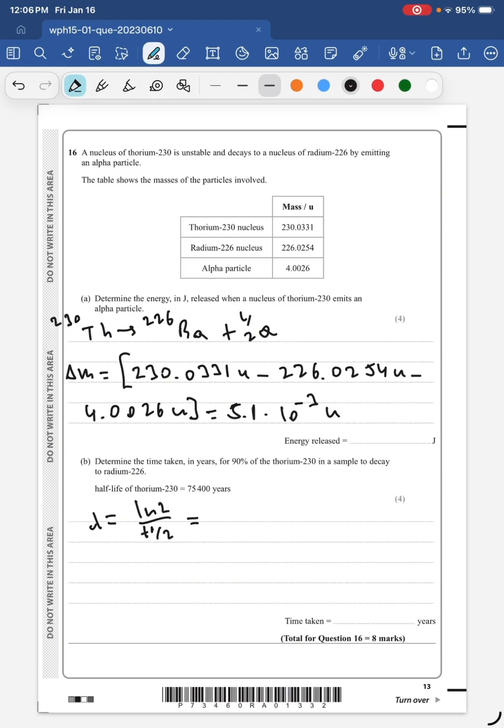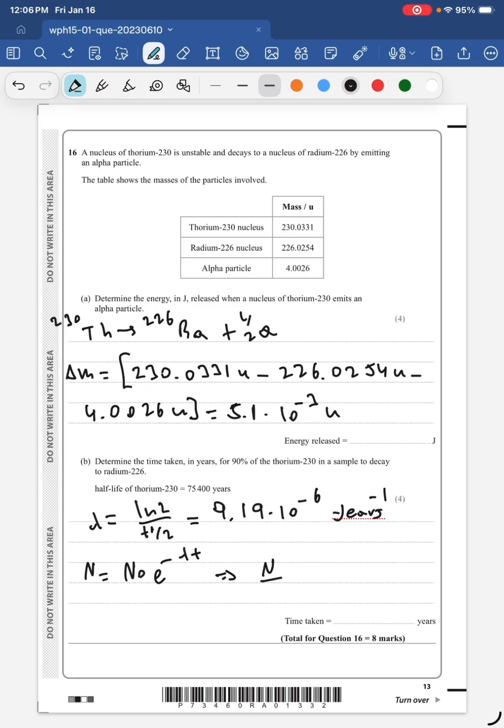So the decay constant is 9.19 times 10 to the negative 6, and that's years to the minus 1, which is okay to use that way, right? And now we can do N is N naught e to the minus lambda t, right?